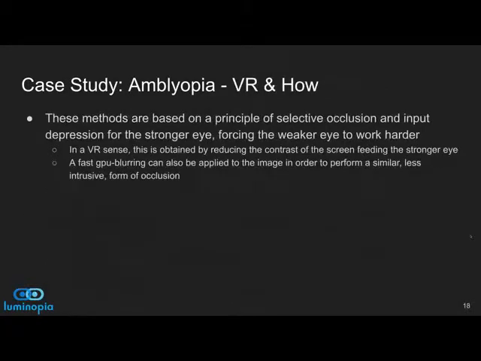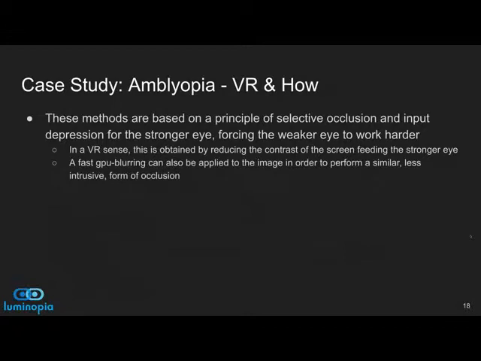So how does virtual reality help with this treatment? How does it work? These methods of treatment are based off of an idea that by selectively occluding or reducing input to the stronger eye, you're forcing the weaker eye to work harder and therefore strengthening the neural connections. So the brain takes full input from the weaker eye.